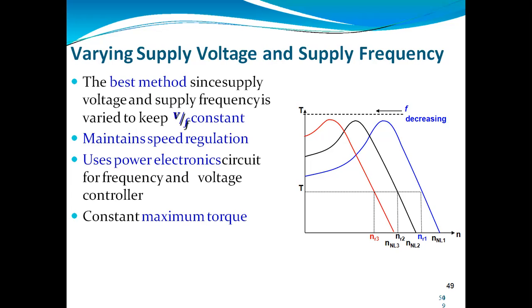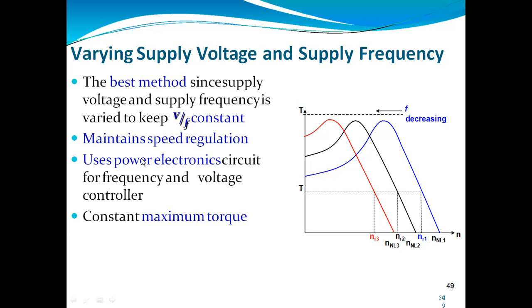In short, we keep the ratio V by F constant. If we increase the voltage, we must also increase the frequency, so we keep the V by F ratio constant and we can maintain the speed of the three-phase induction motor.